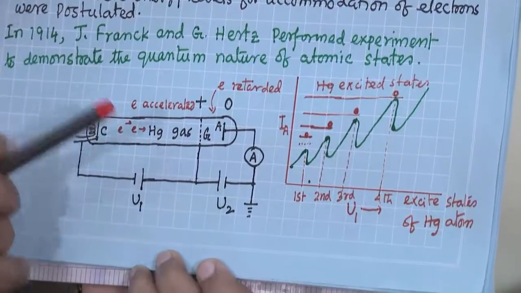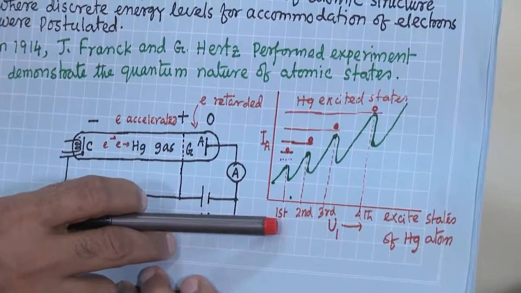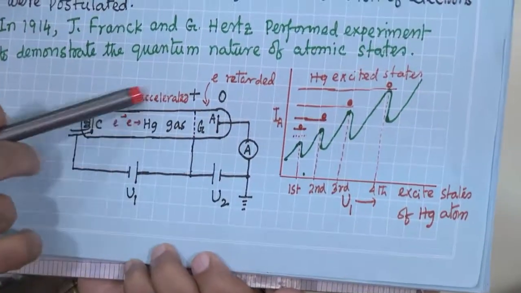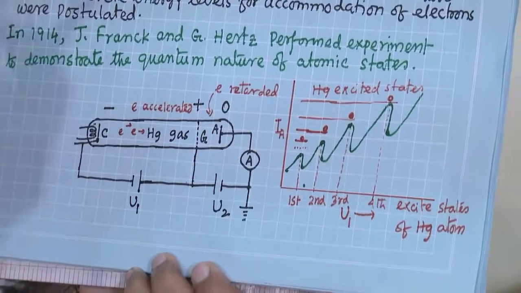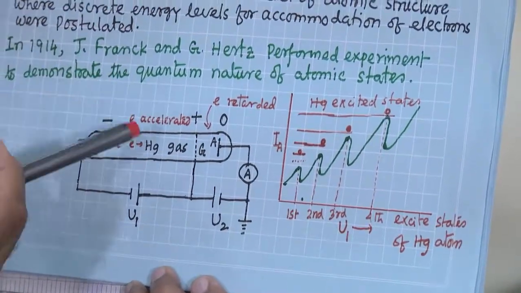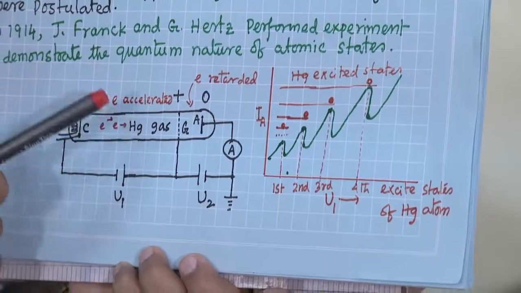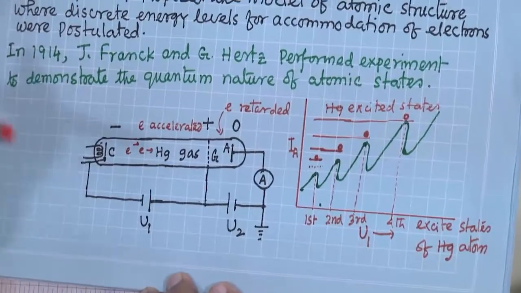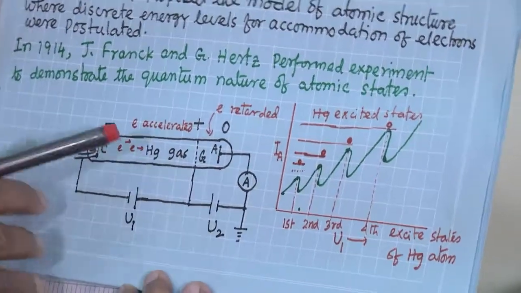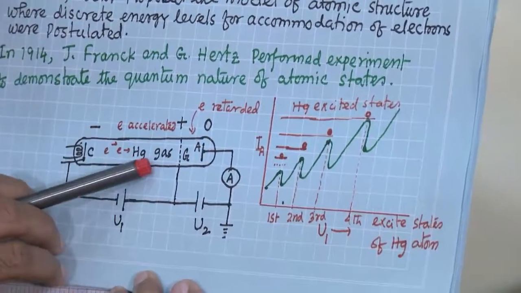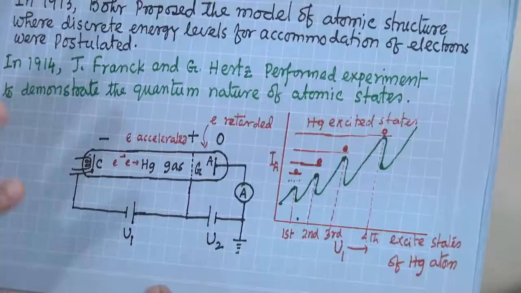What is that? It may happen that at this particular energy, at this voltage, due to the collision, the energy of the electrons is absorbed by the mercury atoms. This absorption is basically inelastic scattering. The absorption of energy by mercury atoms happens only at certain voltages, at certain energies.